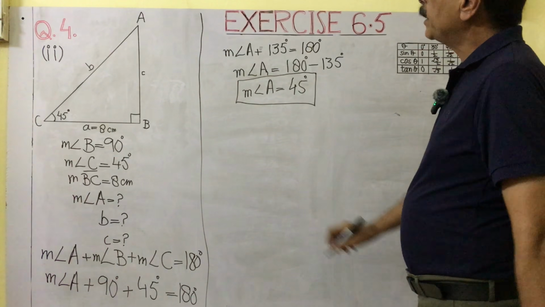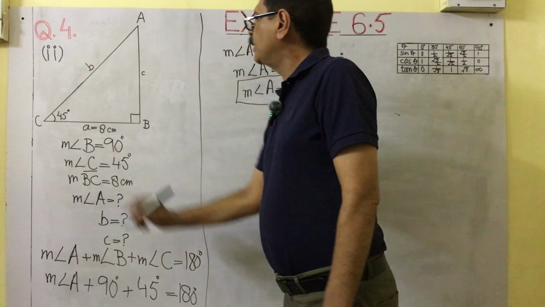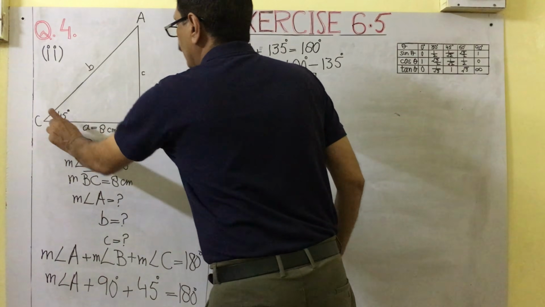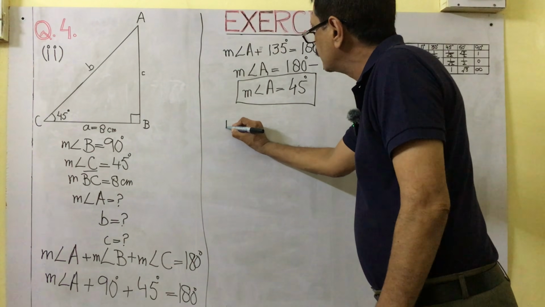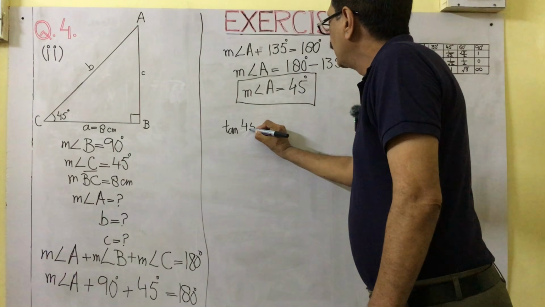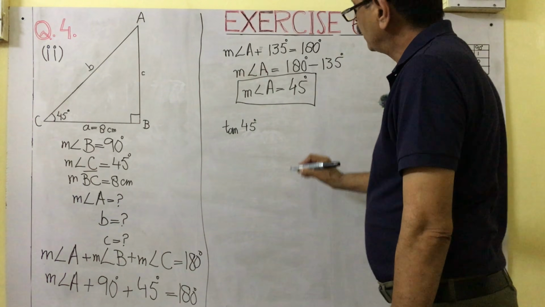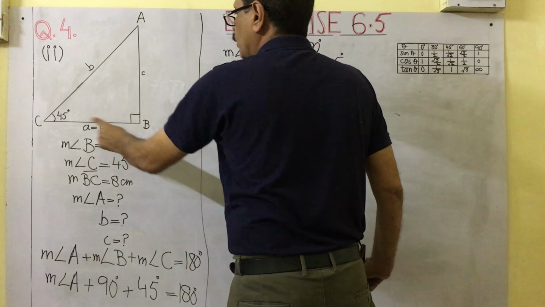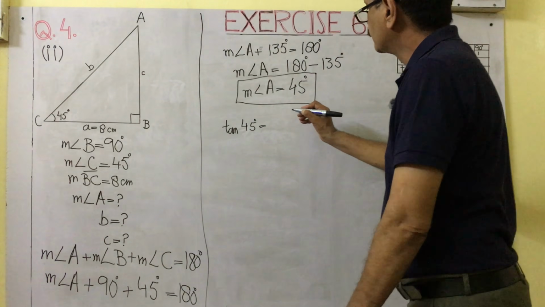Now, in right angle triangle ABC, tangent of 45 degrees is equal to perpendicular over base.